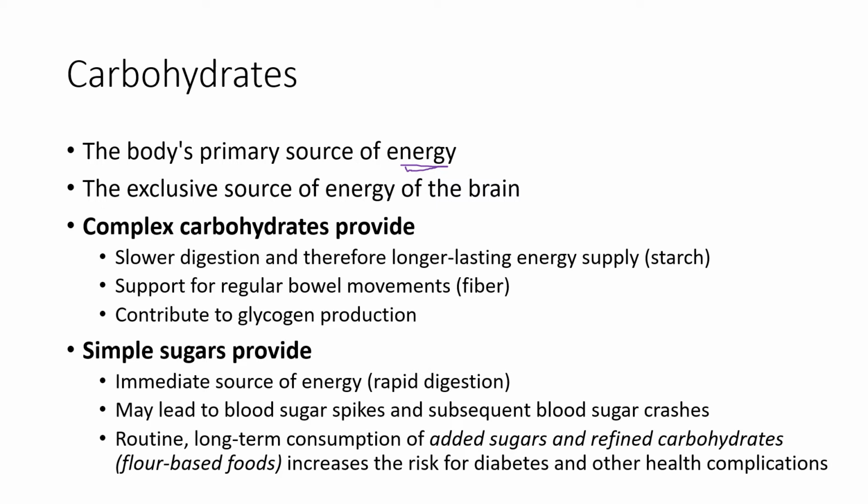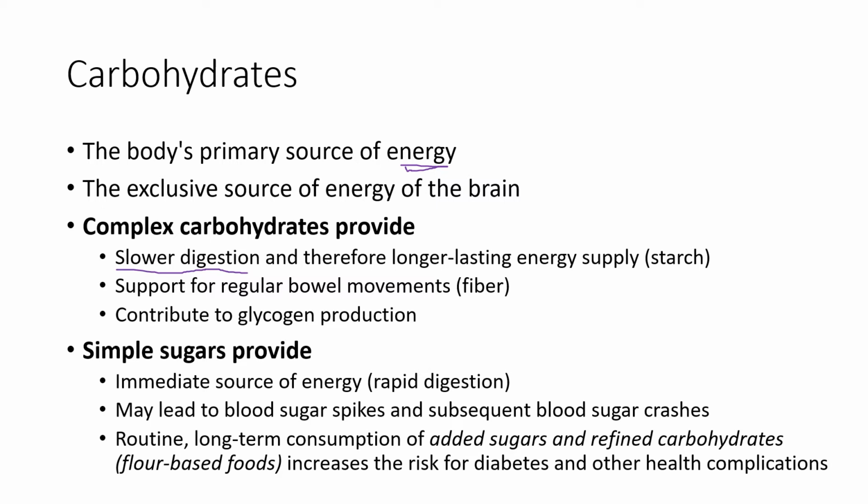So complex carbohydrates, being those starches and fibers to an extent, slow our digestion way down. Fiber in particular slows our digestion down because we can't do anything with it. It's like it's taking up space, making it more difficult for our digestive enzymes and digestive acids and digestive chemicals to work on our food.